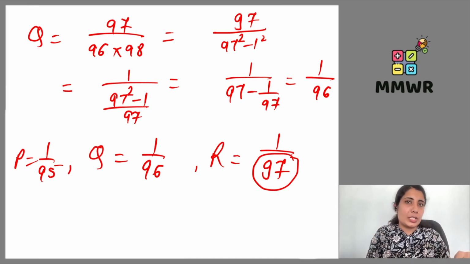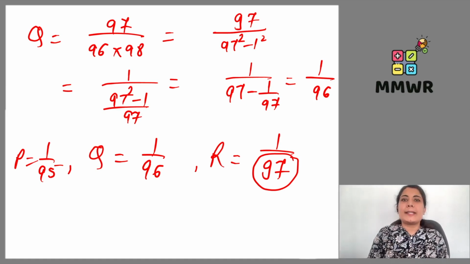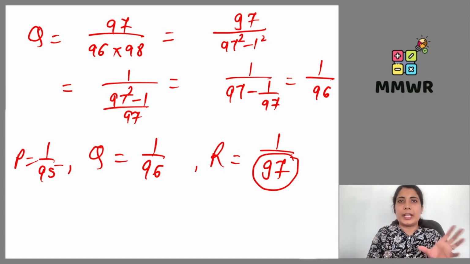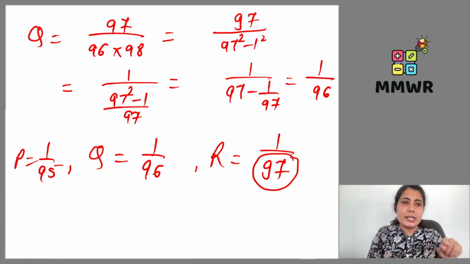1 chocolate distributed among 95 people gets a bigger size comparatively to 96 people, and here also comparatively 97 is greater. So which one is the greatest one among all? Of course, value P. So P is the greatest one because fewer people are there.